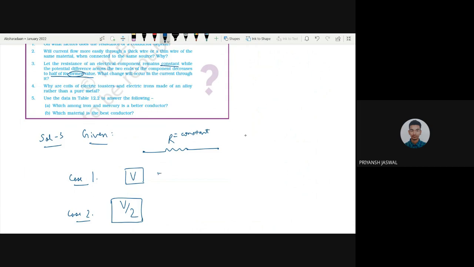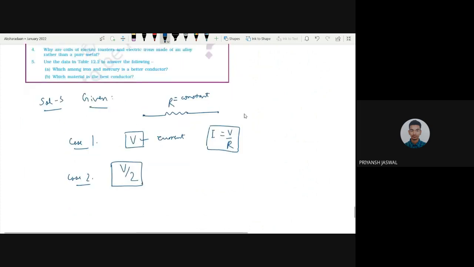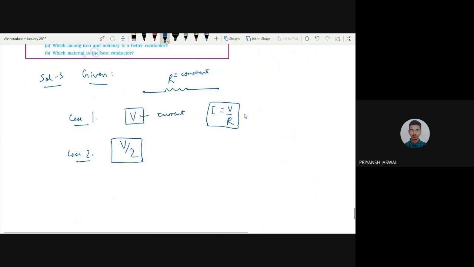So current can be calculated using Ohm's law and will be I is equal to V by R. So voltage source is V, and resistance is R, so this is the current. Now they say that what if the potential becomes half of its former value? What will be the current now?